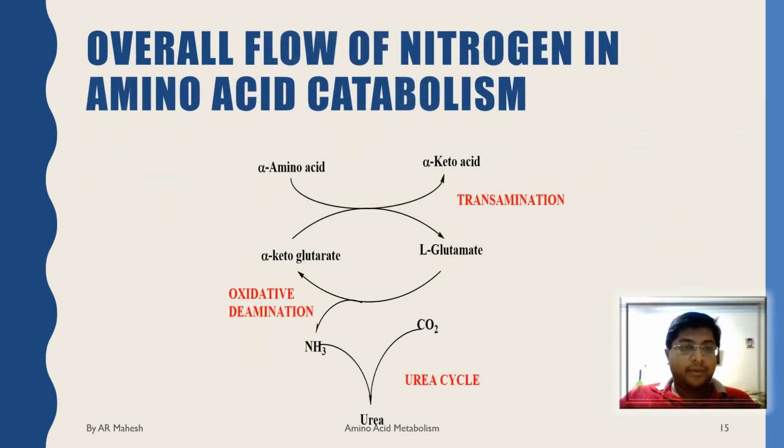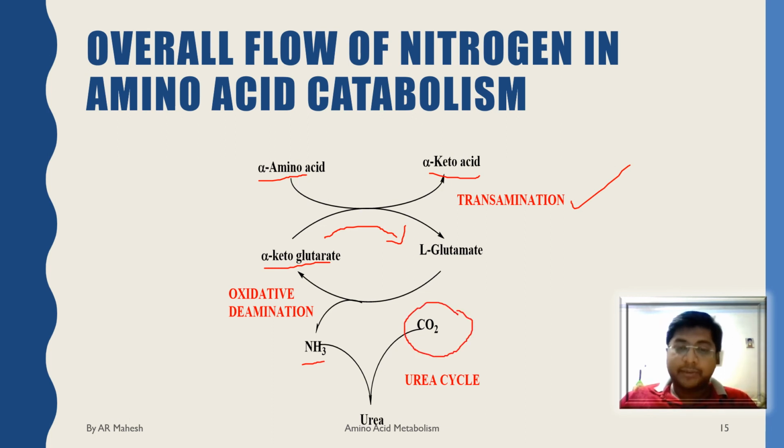This is how the flow of nitrogen takes place in amino acid metabolism. Initially, an alpha amino acid is converted to an alpha keto acid in the step called transamination. Later, the glutamate which is formed is converted back to alpha ketoglutarate. This is the deamination reaction, where ammonia is released. There is also the decarboxylation reaction.